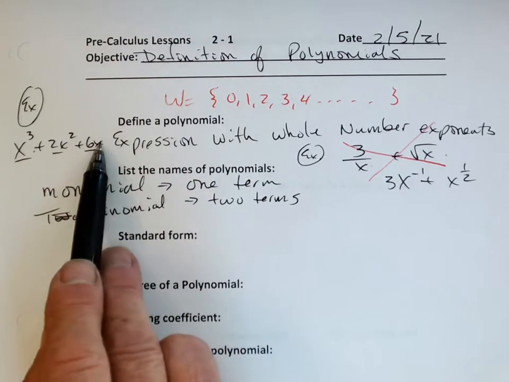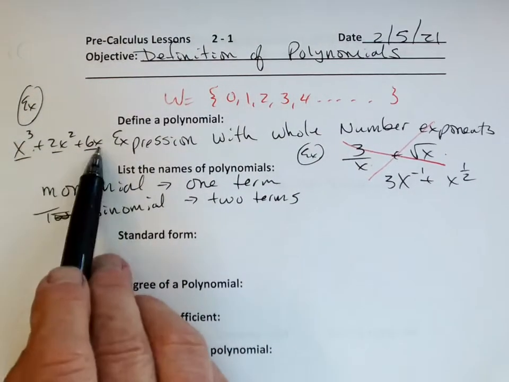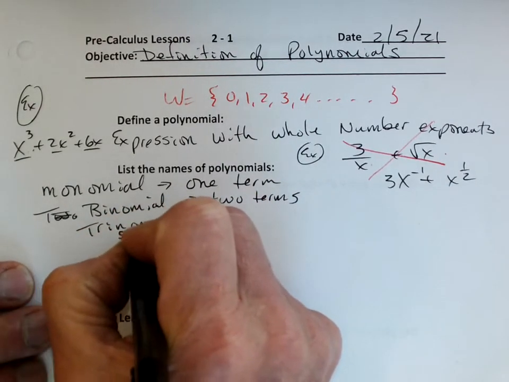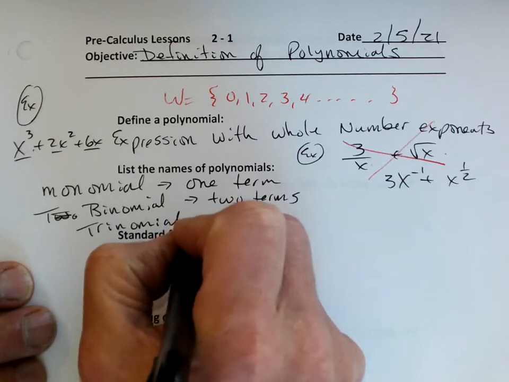This is a trinomial. Okay, 1, 2, 3 terms. If it has 3 terms, it's a trinomial.